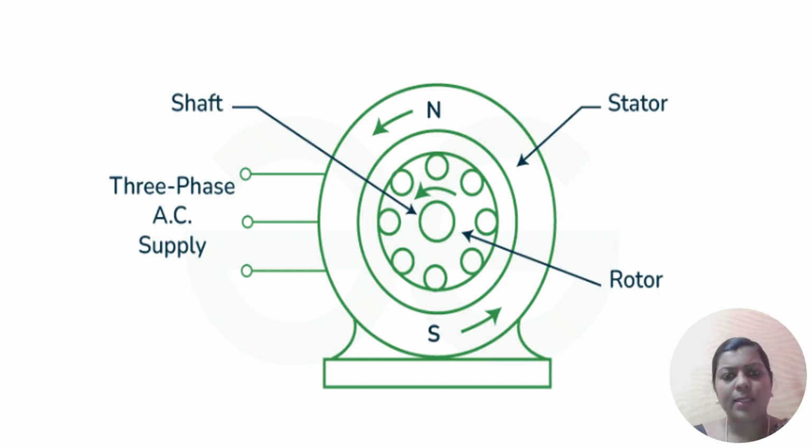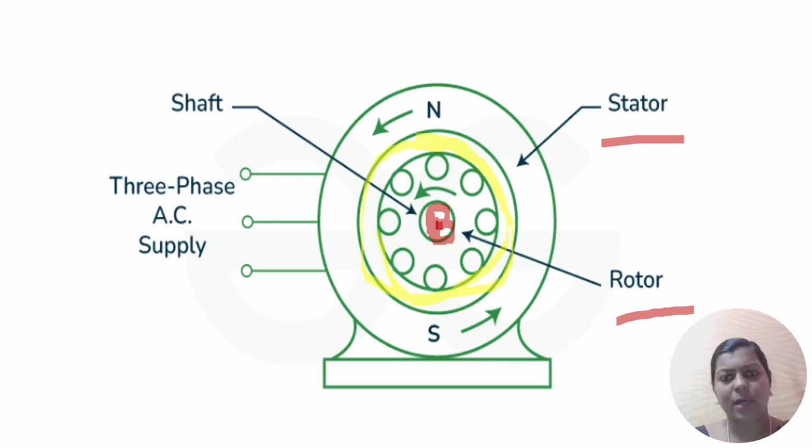So this is the basic construction of the induction motor, in which the outer part is the stator, the inner part is the rotor, which is called the rotating armature, and the center part is called the shaft. Between the stator and rotor there is a gap.